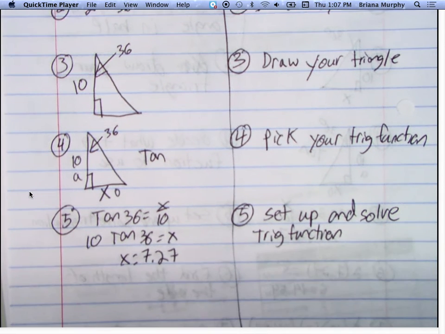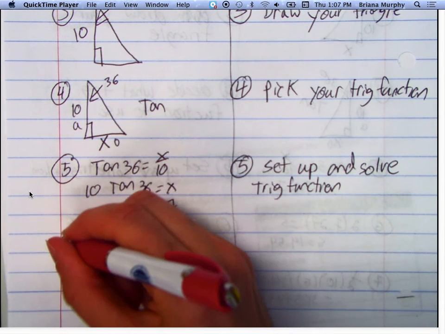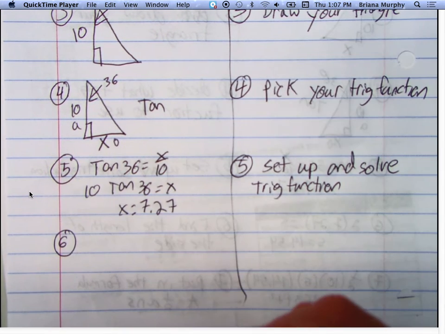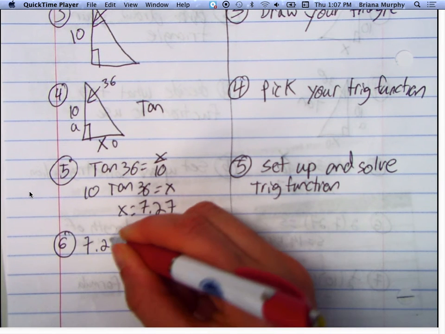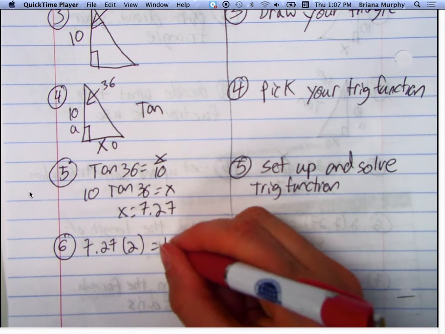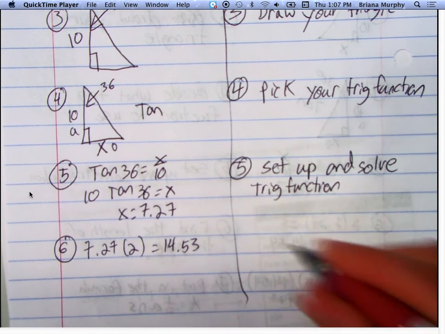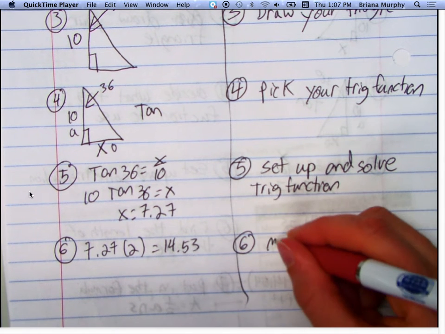Move it up. Step 6: 7.27 times 2 equals 14.53. So step 6 is multiply by 2.